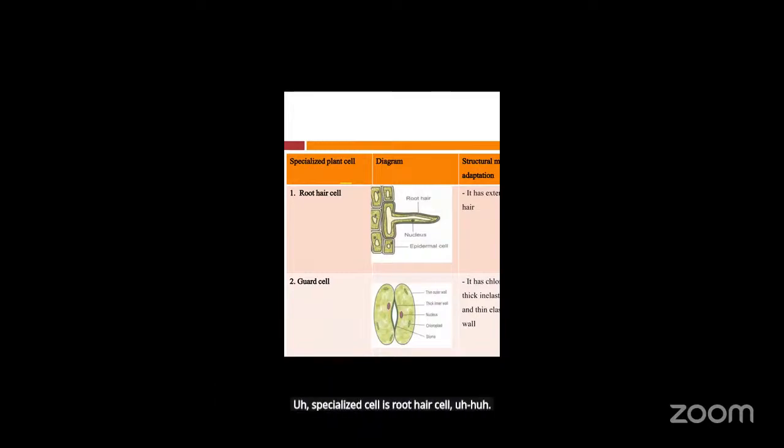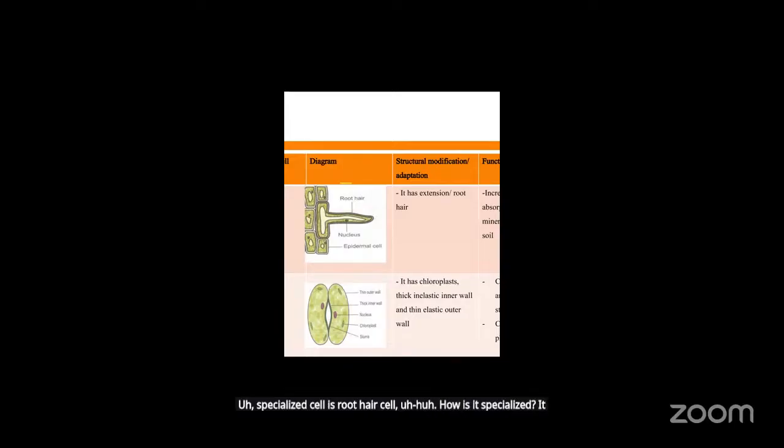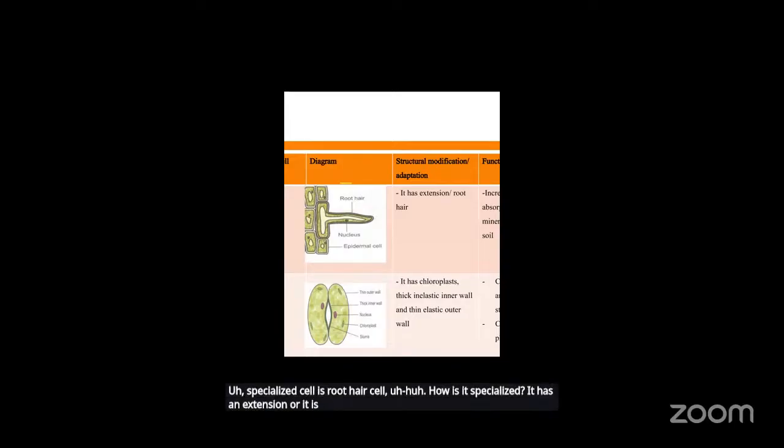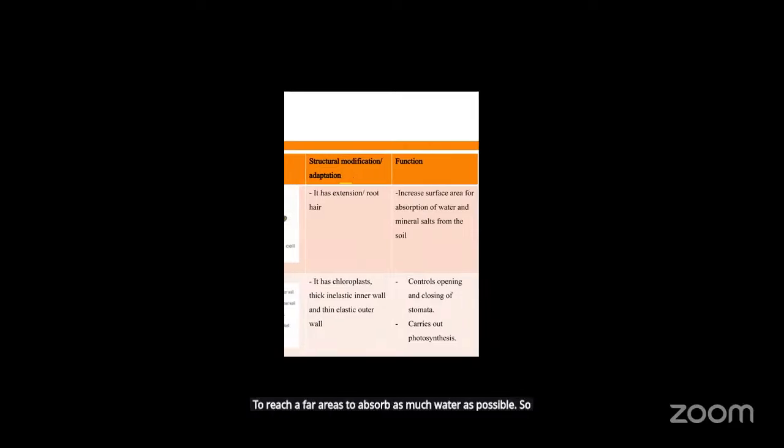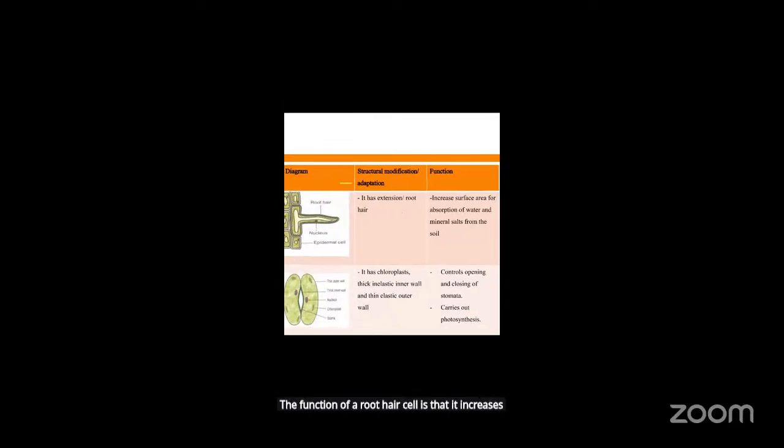How is it specialized? It has an extension or it is elongated to reach far areas to absorb as much water as possible. So the function of a root hair cell is that it increases surface area for absorption of water and mineral salts from the soil. What do we mean by it increases surface area?